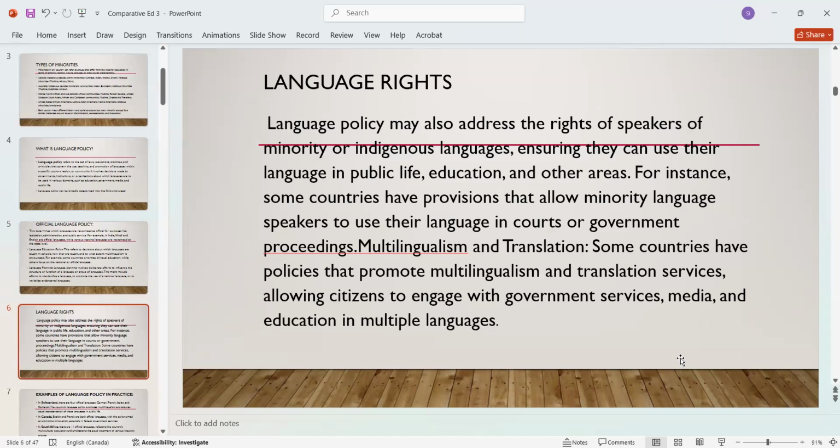Another thing is language rights. We have the right to speak in our mother tongue. Language policy may also address the rights of speakers of minority or indigenous languages, ensuring they can use their language in public life, education, and other areas. That's what we call ethnicity.